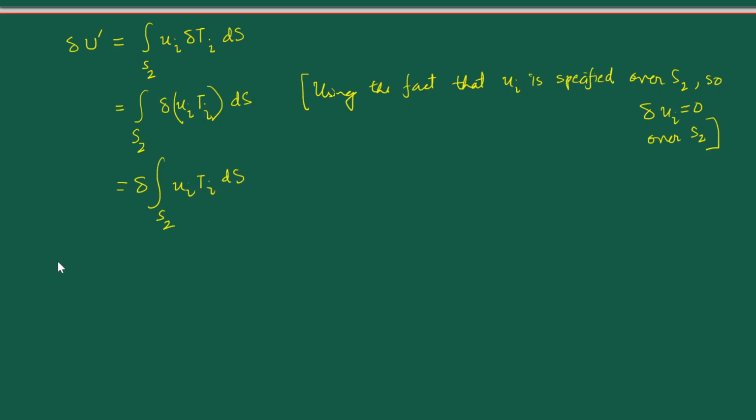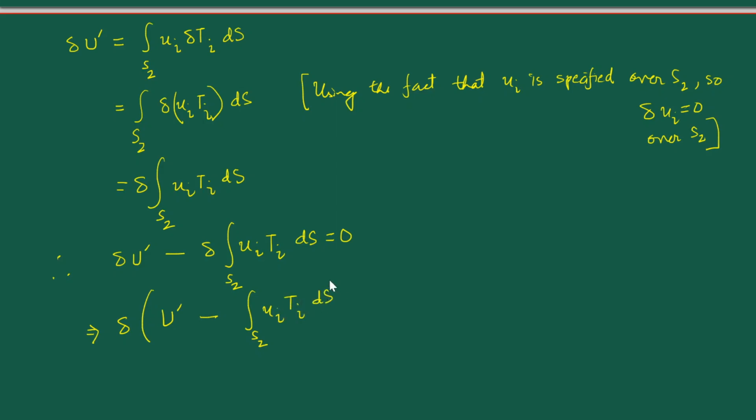And write like this, and therefore we can just transpose it to the left hand side like this, and then just one more step and take the delta out, and note that whatever is remaining within the bracket, that is nothing but the modified complementary energy. Okay, so hence proved.